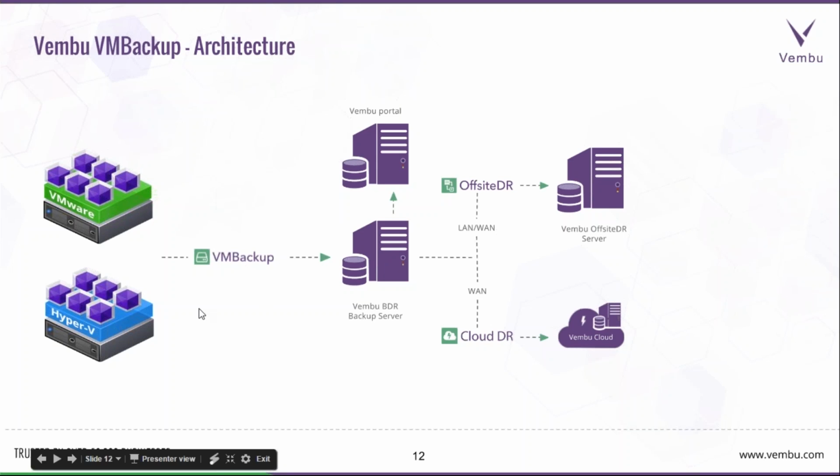It actually reads, encrypts, and compresses the data, and only the encrypted and compressed data will be sent to the Vembu VDR backup server. And here the data is again processed with the Vembu Hive file system and stored with Vembu Hive intelligent file format. So from there you'll be able to do an offsite DR to an offsite data center, or to a cloud DR to our cloud, Vembu Cloud.